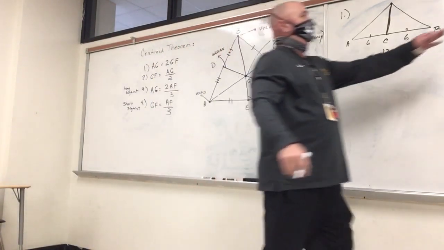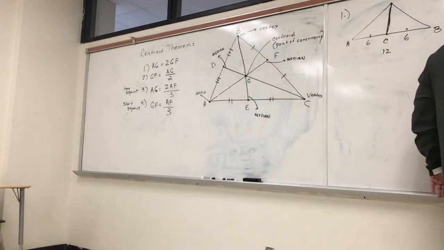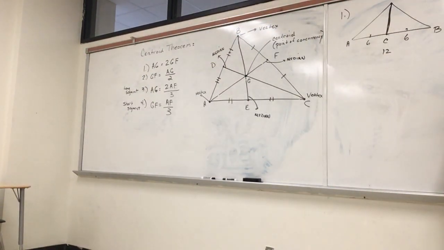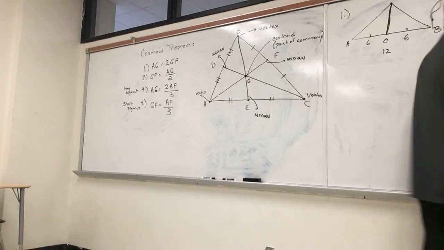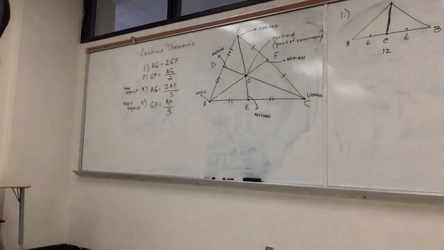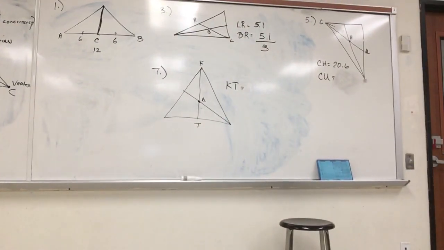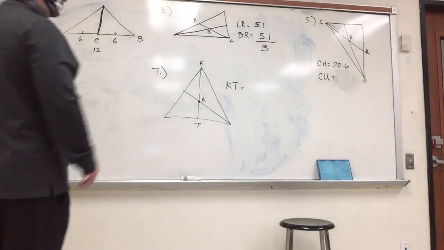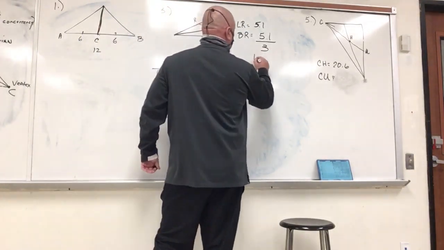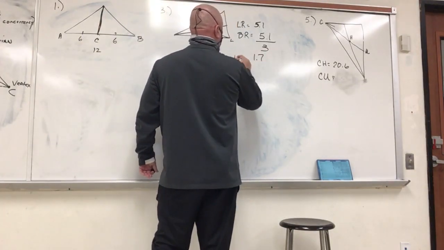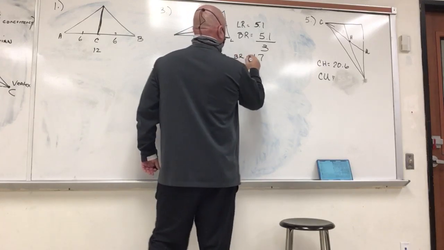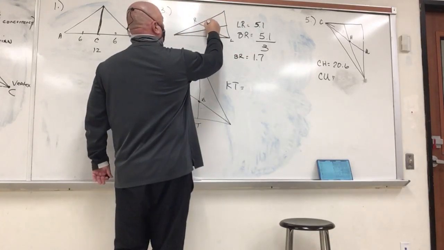So to find BR, the short segment, all I'm going to do is take my handy dandy calculator, take 5.1 and divide it by 3 and tell me what you get. Everybody do that. What do you get? 1.7. That's what BR is equal to. So BR is equal to 1.7.